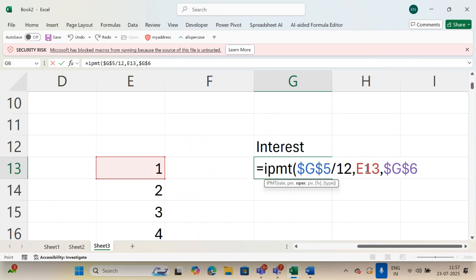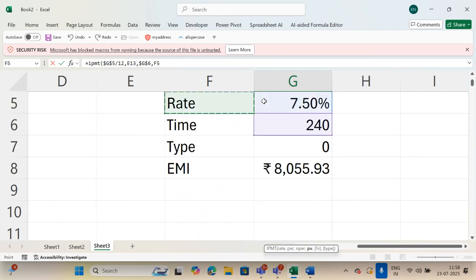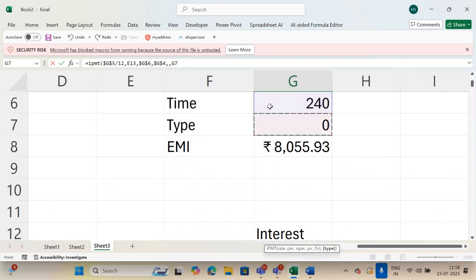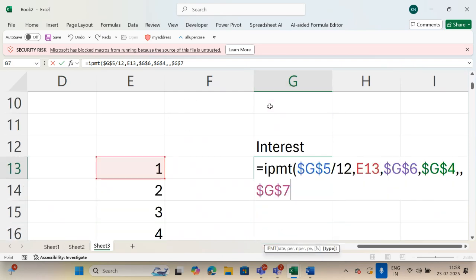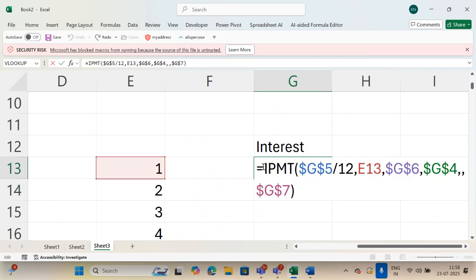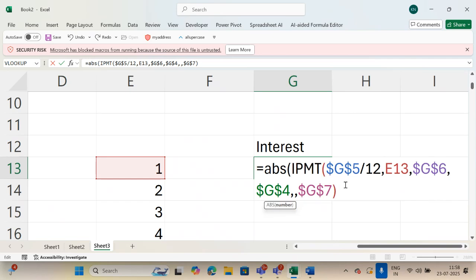Why should you not fix it? Because, see, first month, second month, third month, automatically it goes down. Then comma, PV, your principal value, comma, comma, then type this one. Put a bracket, enter. Then because of negative to positive, you have to use the ABS.